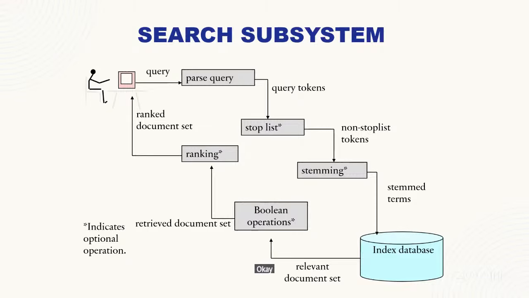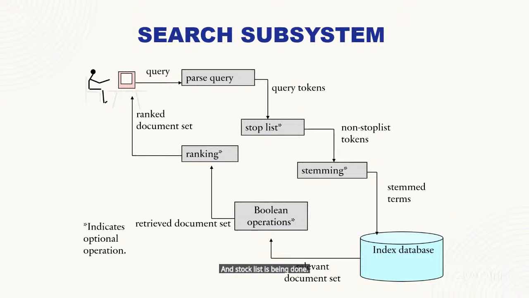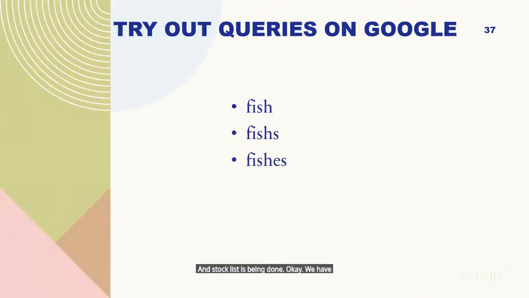Okay, so we are clear with how morphological analysis is done, stemming is done, and the stop list is applied. Okay, we have a very small task now. We can open the browser, give fish, and find out what all is displayed. Fine. Again, you can type fish. Then you can find out what all the details displayed are.